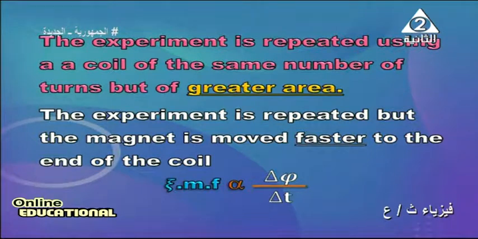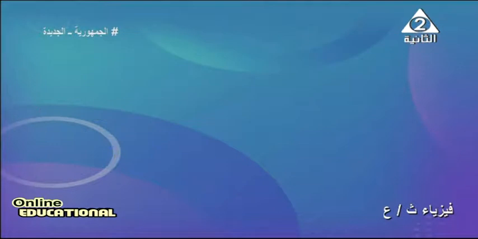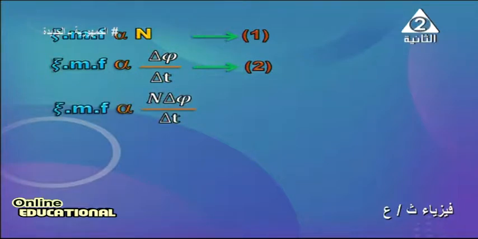So we've got now two conclusions. First of all, EMF is directly proportional to the number of turns, and EMF is directly proportional to the rate of change in the magnetic flux linking the coil, linking the conductor. So we can say EMF is proportional to N delta phi over delta t.